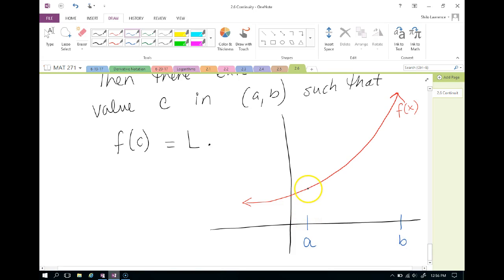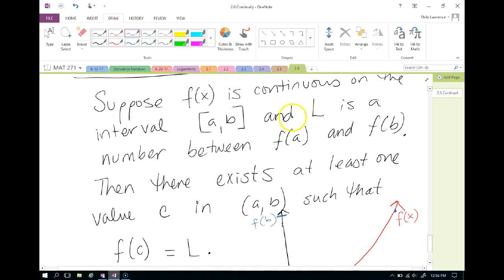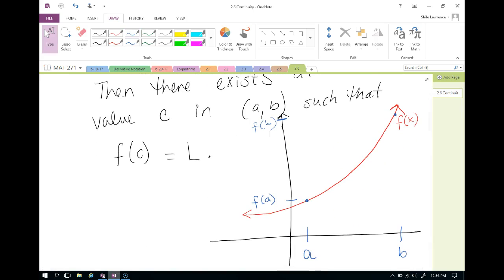If we follow those up and across, then we'll have our f of A and our f of B. So what the intermediate value theorem says is L is a number between f of A and f of B. So we can just pick any random L value in between f of A and f of B.